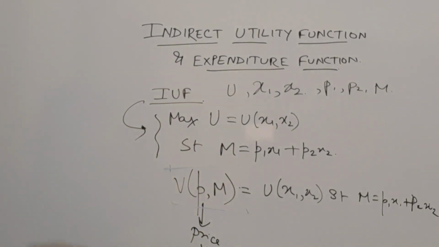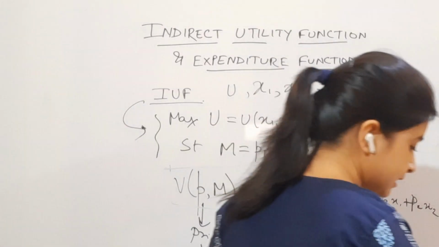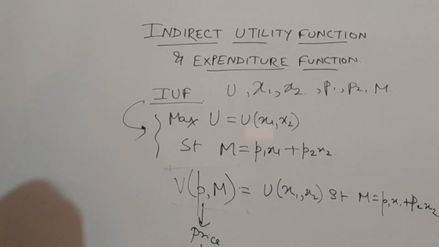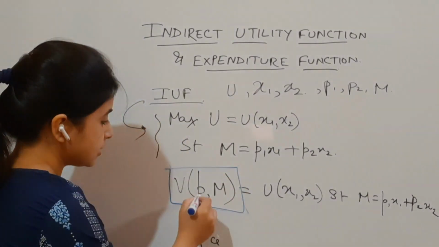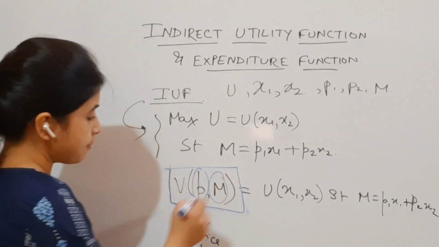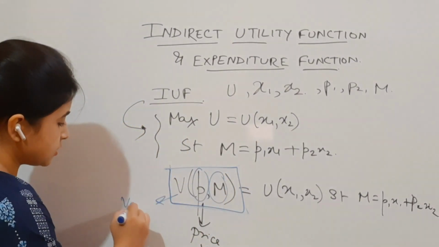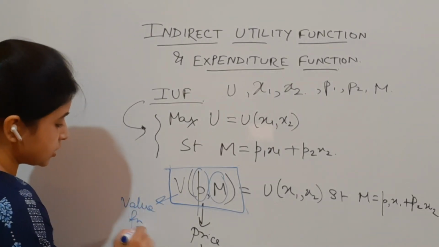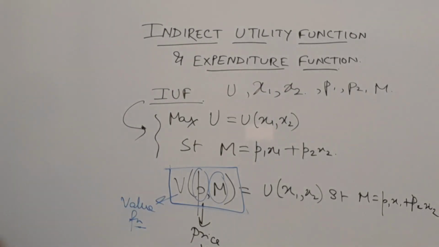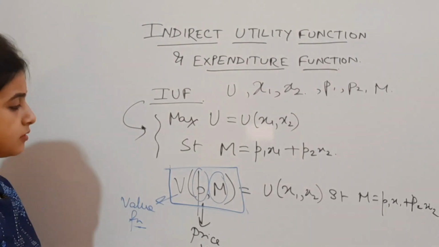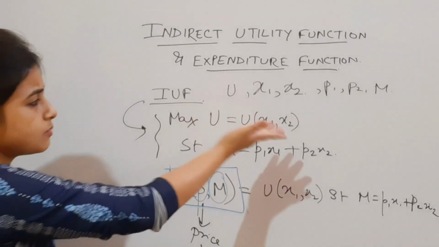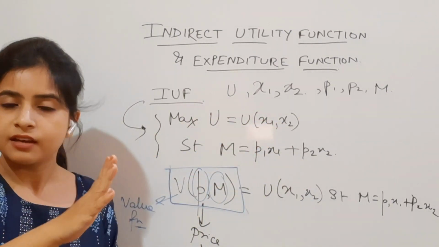This one here is our indirect utility function, and the variables here are p and m. This V represents nothing but the value function that I have mentioned the indirect utility function shows. In general format we can also write it by replacing x1 and x2 with x, right?